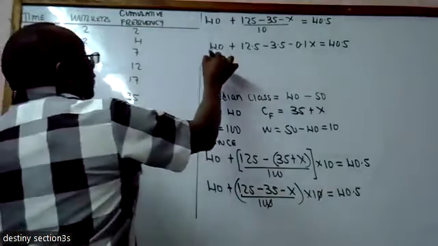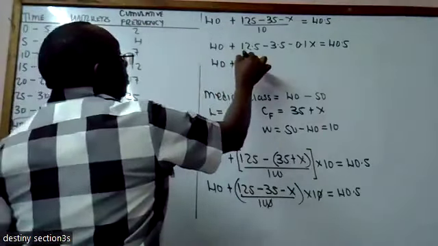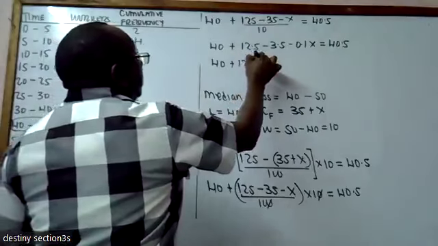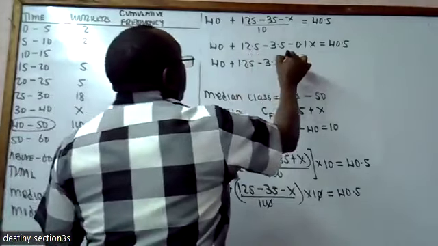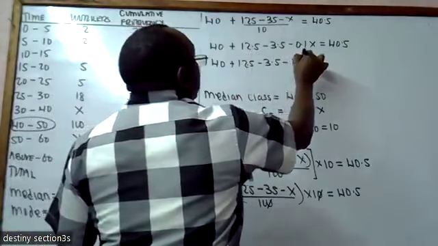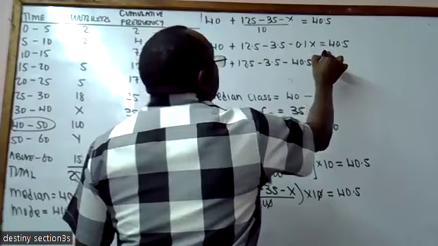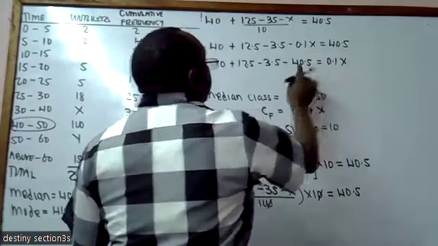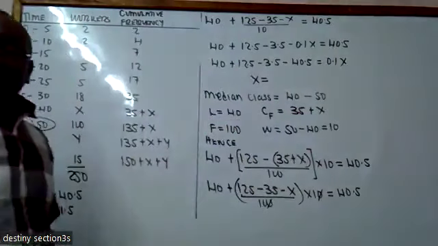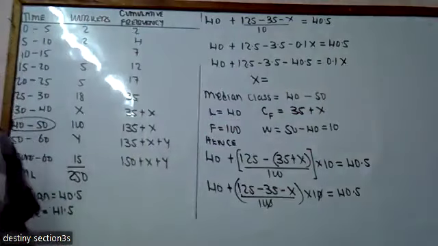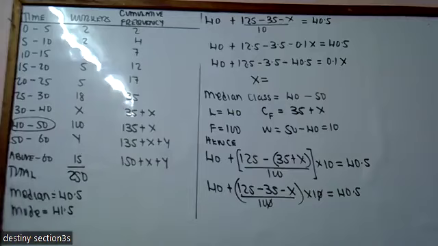In other words, you say 40 plus 12.5 minus 3.5 minus 40.5 equals 0.1x. So tell me the value of x.